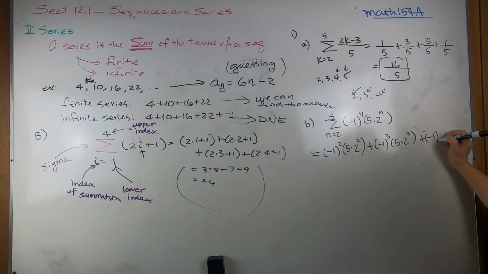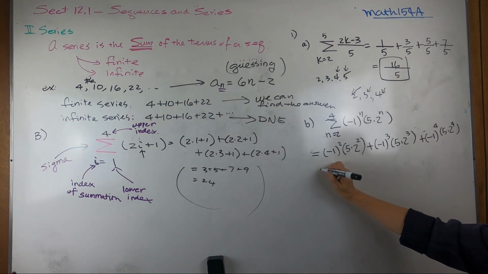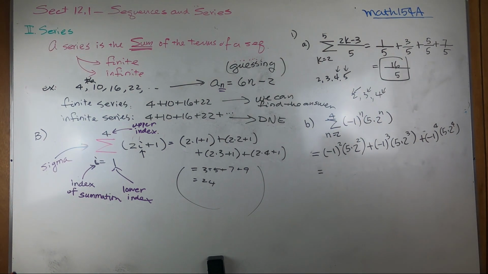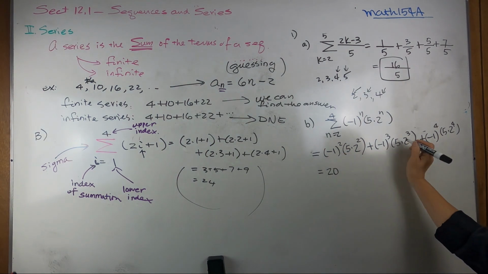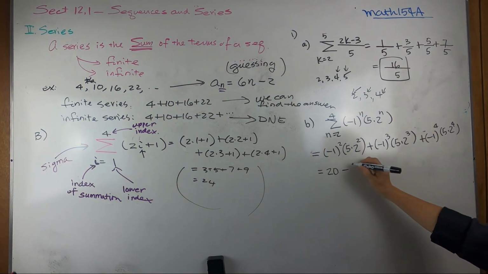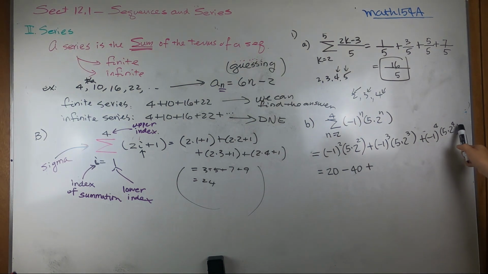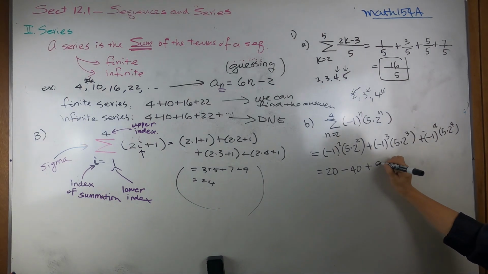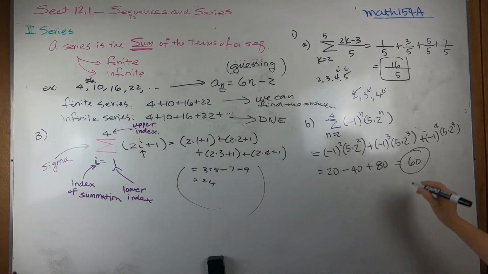You have negative 1 to the 4th power times 5 times 2 to the 4th. Then you just have to add them up. 4 times 5 is 20, positive. That one is negative: 8 times 5 is 40. Plus 16 times 5 is 80, positive 80. So your answer should be what? 60.